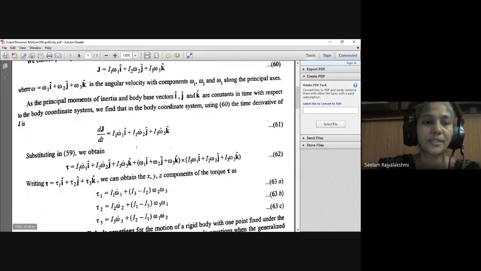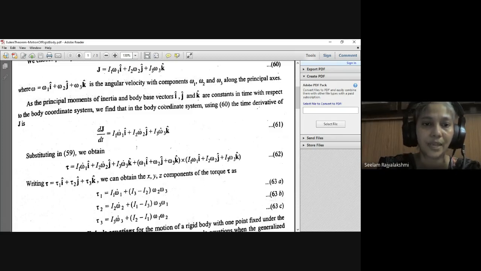So writing tau equals tau 1 i cap plus tau 2 j cap plus tau 3 k cap, we can obtain the xyz components of the torque. By replacing tau as tau 1 plus tau 2 plus tau 3, we'll obtain this one. And how can we obtain it here?